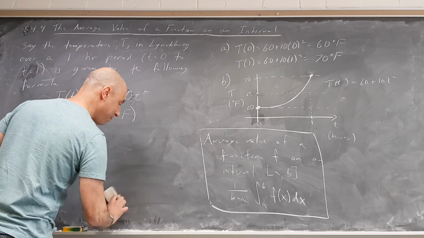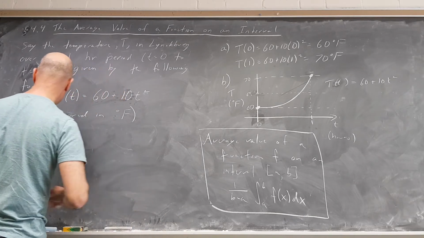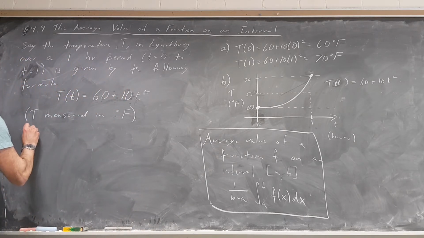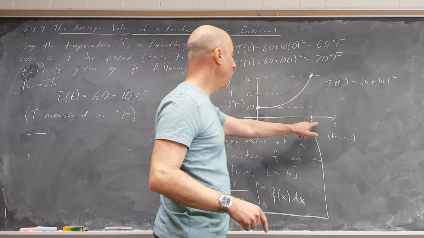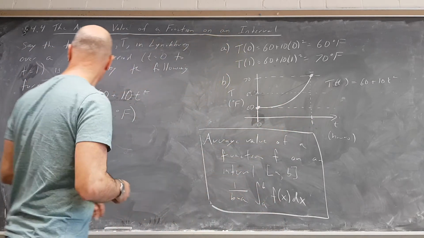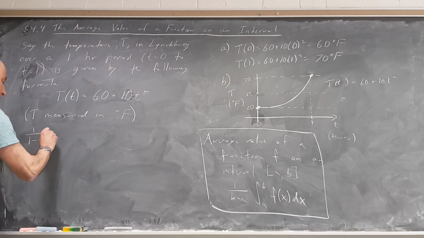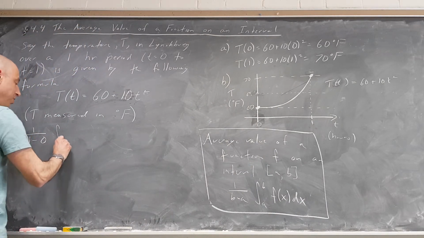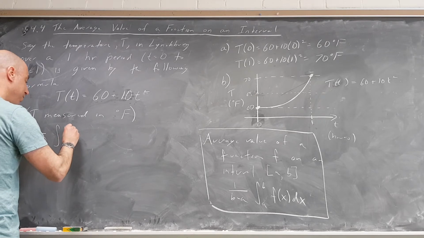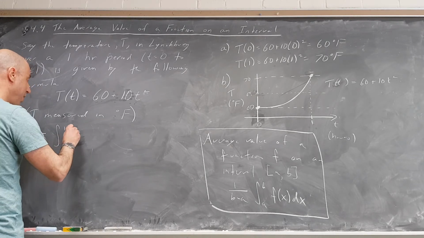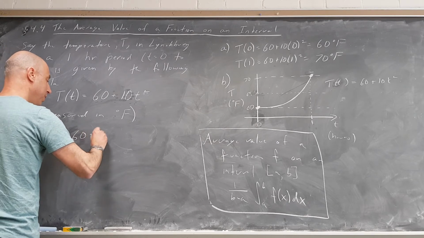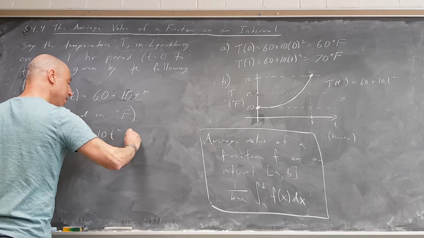So the average temperature in Lynchburg over this 1 hour period is going to be 1 over 1 minus 0, the length of the interval, times the integral from 0 to 1 of capital T of t, so in other words, 60 plus 10t squared dt.